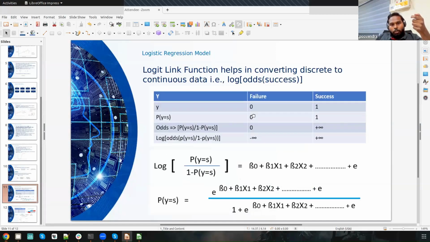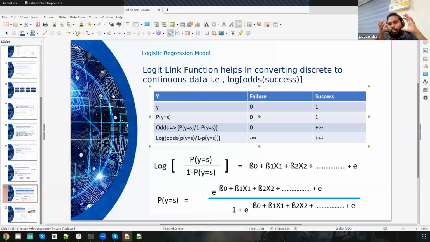If they apply odds, for 0 it is 0 divided by 1 minus 0, which gives 0. For 1 it is 1 divided by 1 minus 1, which gives infinity. Then if they apply log of odds, log of 0 gives minus infinity, and log of infinity is infinity. So they are converting the data from 0 and 1 to minus infinity to plus infinity.